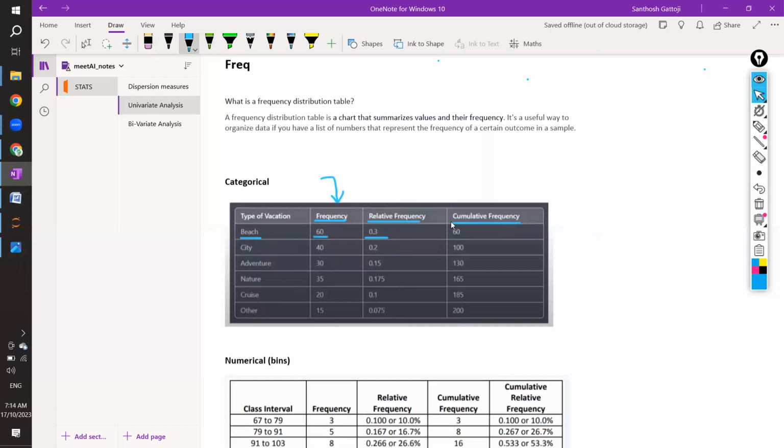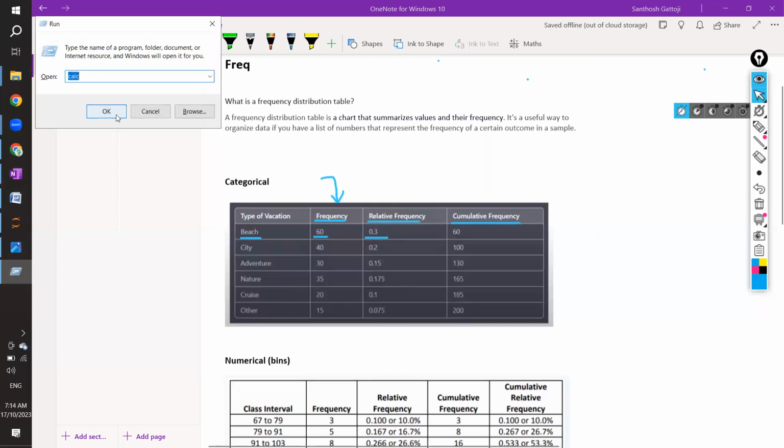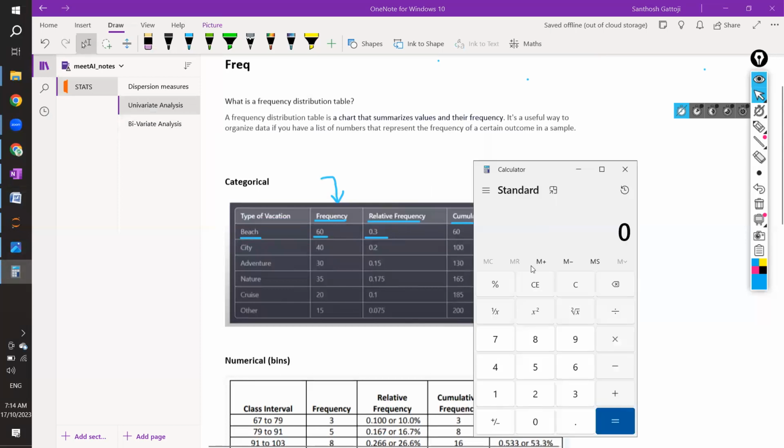If I sum all this, let me take a calculator. The overall sum of these values is 200. What is the relative frequency of beach? 60 by 200, 0.3.